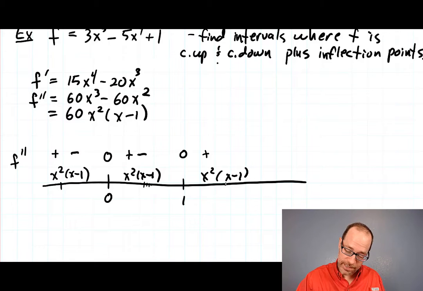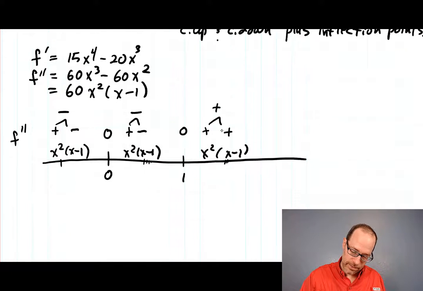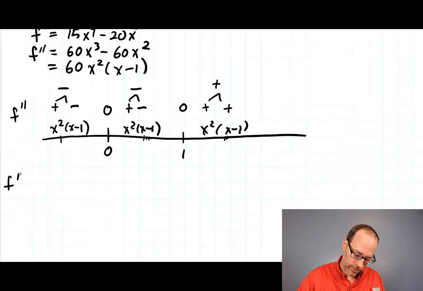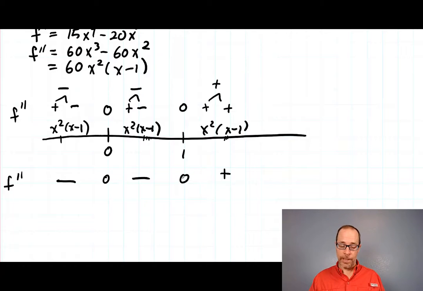But finally, when x is bigger than 1, when you subtract 1, it becomes positive. So the total signage is minus, minus, and a plus. So if we record the second derivative signs, it's negative, negative, and a plus here. The second derivative is 0 in between.